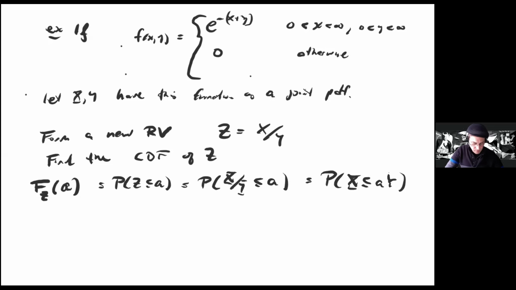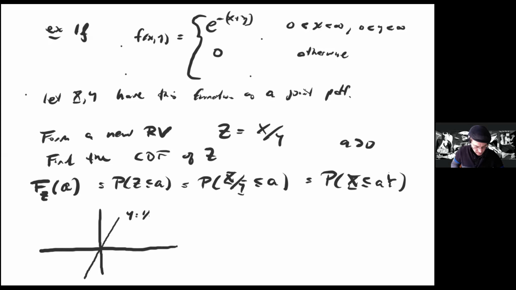Now I want A to be bigger than 0, because if A is less than 0, because we're in the first quadrant, the value would be 0. Now let's consider the region that we're going to be integrating over. We can look at the line of slope 1 over A that goes through the origin, the line y equals 1 over A times x, which is the same thing as x equals AY.